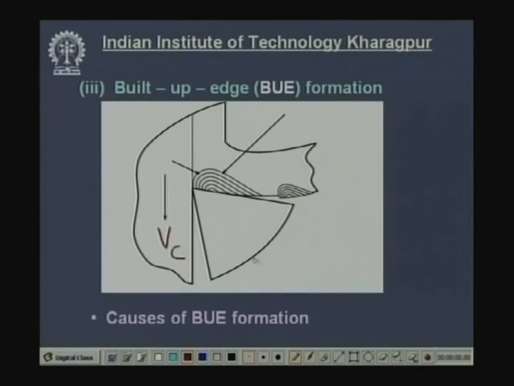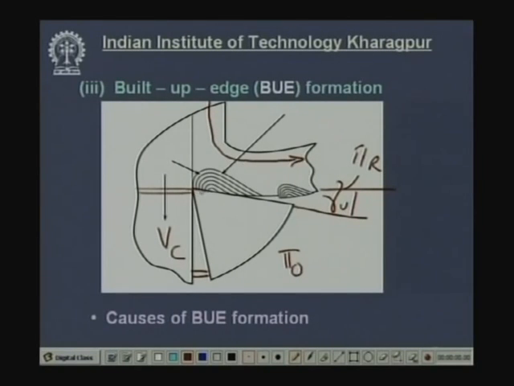In which plane has the diagram been drawn? Pi o, orthogonal plane, and this is the reference plane pi r. This is a velocity vector, this is the rake angle, and this is the clearance angle. Anyway, the chip is coming and flowing in this direction.